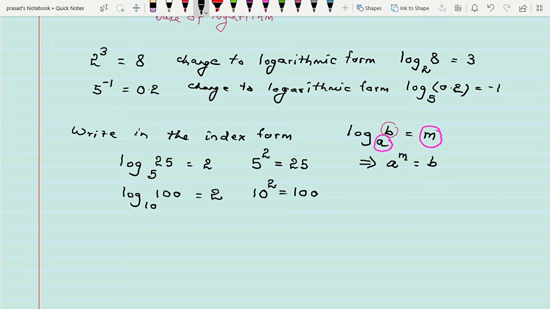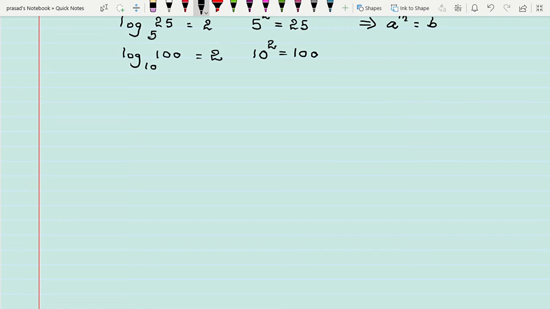Okay, so this is how you can change the index form to log form, and conversely the log form to index form. Now let us see another type of problems here.